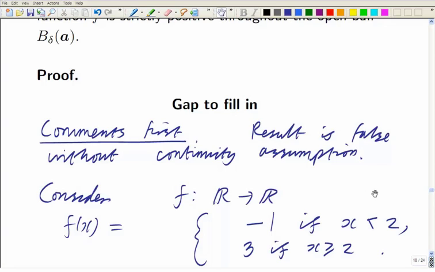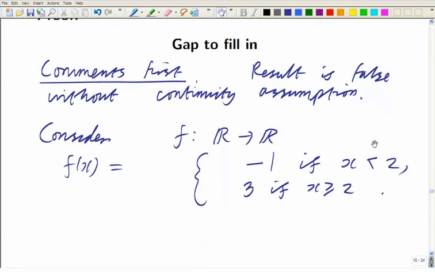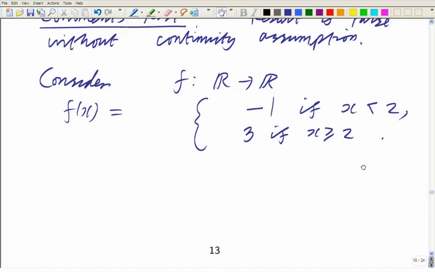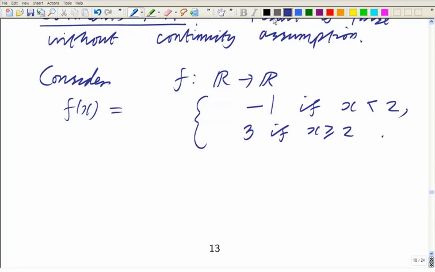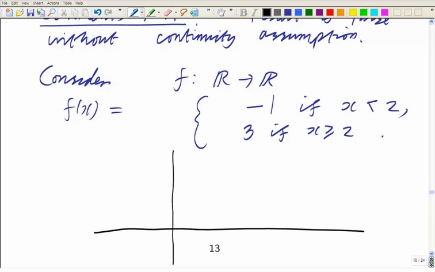Let's have a look at what the graph of that function looks like. Notice that I've included 2 in the places where this function takes the value 3. Here's minus 1, here's 3, here's 2. Including this point here, which is in the graph of the curve, is 3 if x is greater than or equal to 2. So here's y equals f(x).